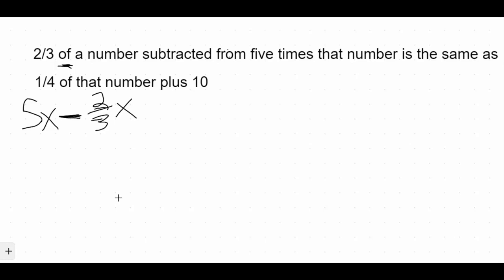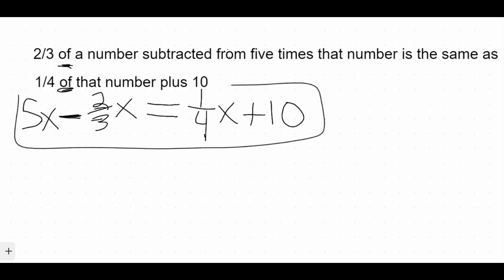And it says that this is the same thing. So again, that's just a fancy way of saying that it equals 1/4 of that number plus 10. So 1/4 of that number, again, that word of means to multiply. So 1/4 of that number is 1/4 of x. And it says that we are going to add 10 to it. So 1/4 of that number plus 10. So this entire thing right here is the equation that we would get when we translated this.